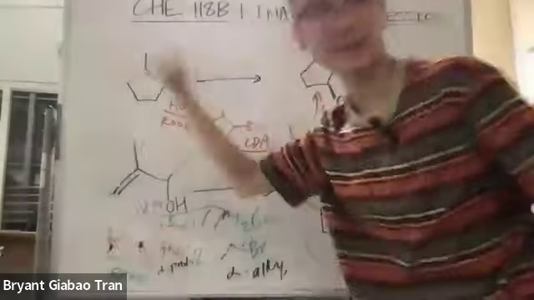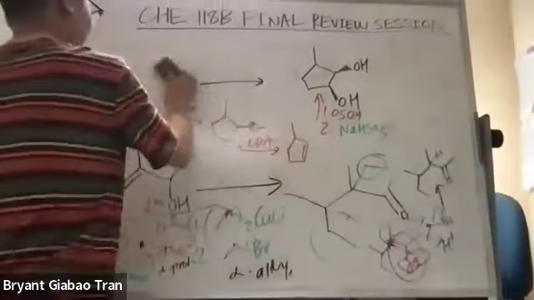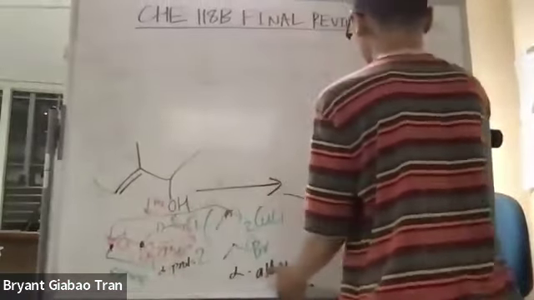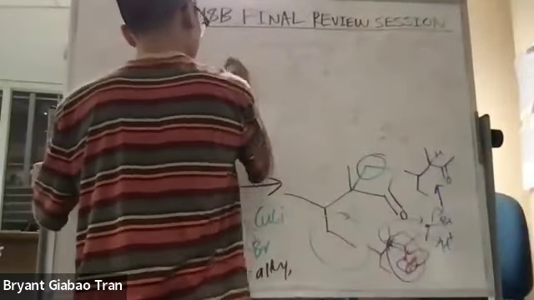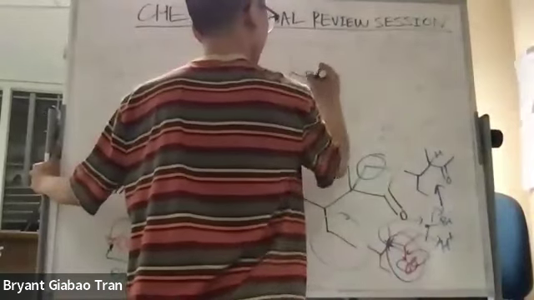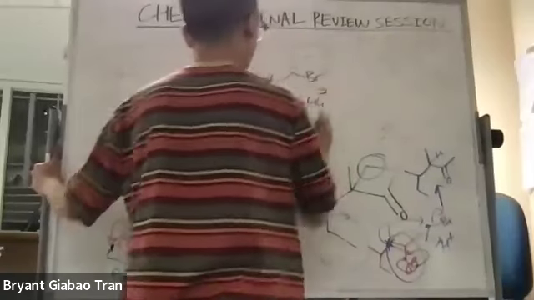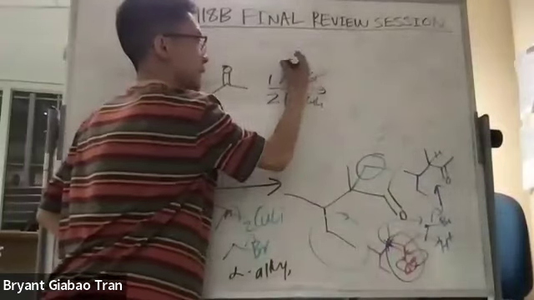I'm going to erase this top part here. When we have an enone and we react it with this haloalkane and then the second step organocuprate, the first reagent reacted is an electrophile.